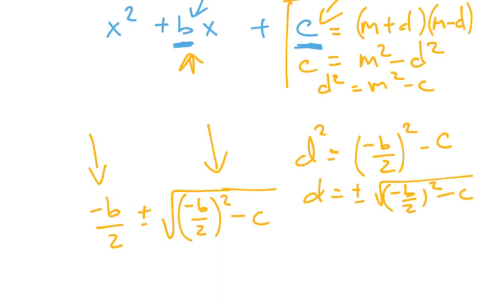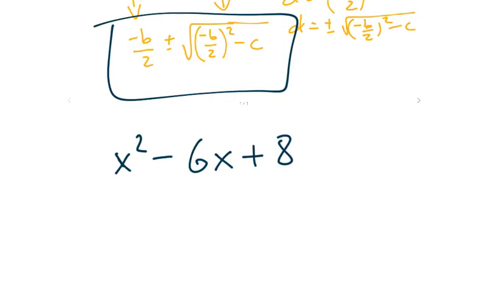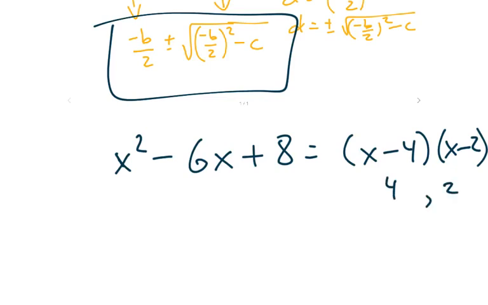Okay, so why is this super useful? Because I'm sure this sounds a little confusing. Well, let's use this formula right here to solve for the roots of this. We can easily factor this to x minus 4, x minus 2. So the roots are going to be 4 and 2. But I want to show you that this formula gives you the roots as well.